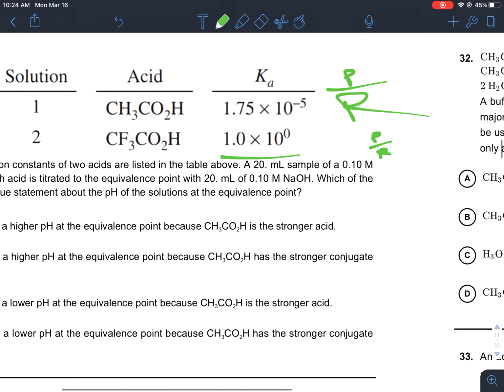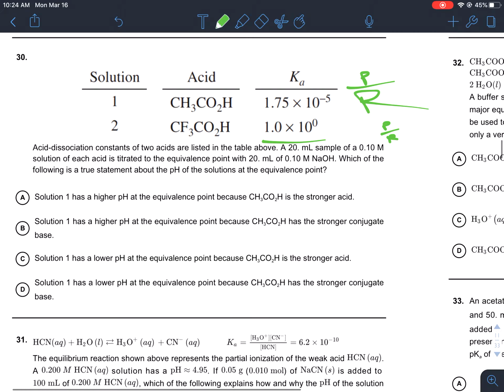So this is solution 1 and solution 2. Acid dissociation constants of 2 acids are listed in the table above. A 20 milliliter sample of 0.1 molar solution of each acid is titrated to the equivalence point with 20 milliliters of 0.1 NaOH. Which of the following is a true statement about the pH of the solutions at the equivalence point?